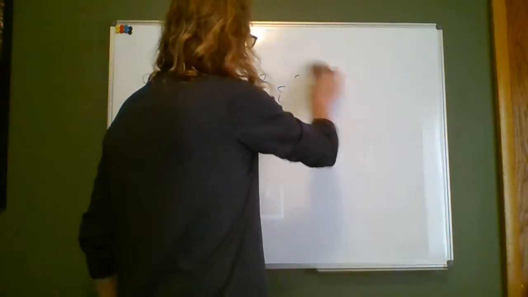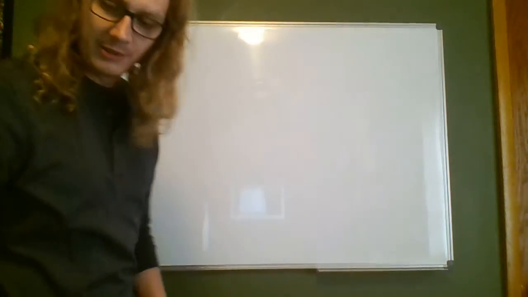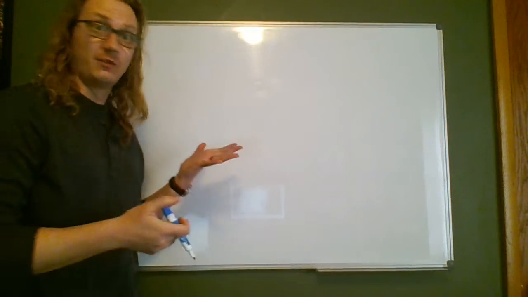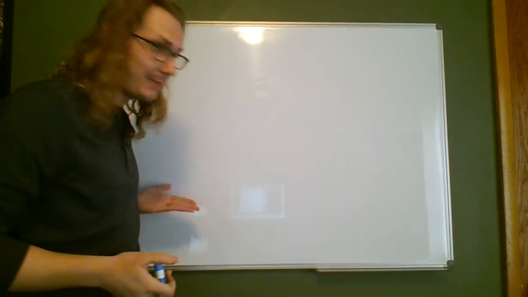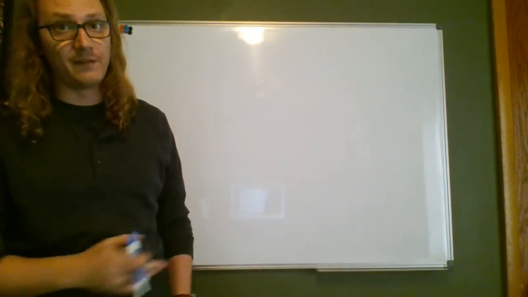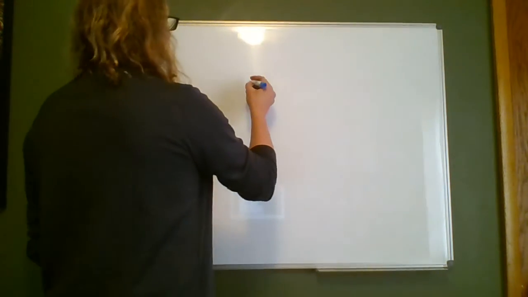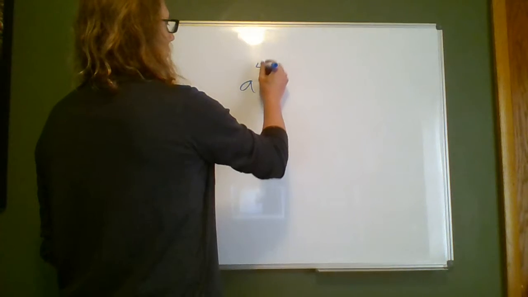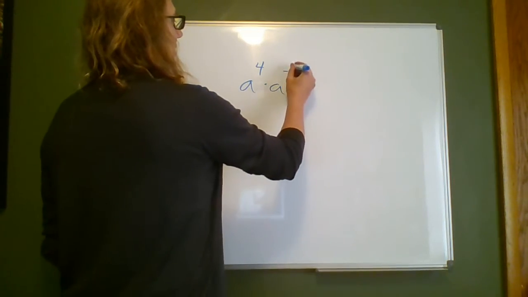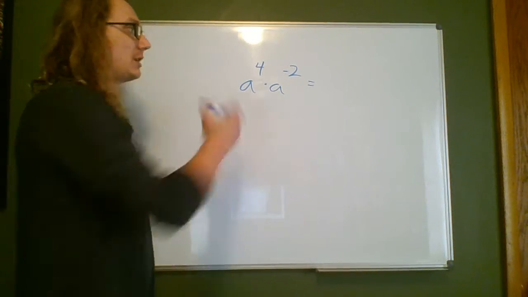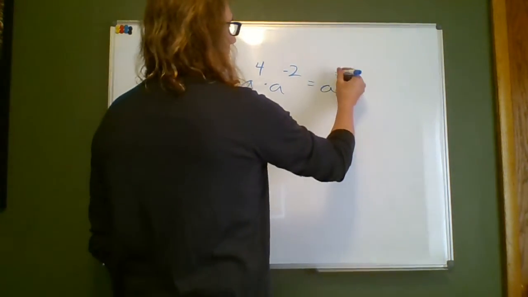The next thing that I want to talk about is a bunch of variables, to give you an example of what happens if we've got a whole bunch of stuff multiplied by a whole bunch of stuff. Before I do that, let's do a real quick negative. Let's just say a to the 4th times a to the negative 2nd. We still add them: 4 plus negative 2 will be a squared.